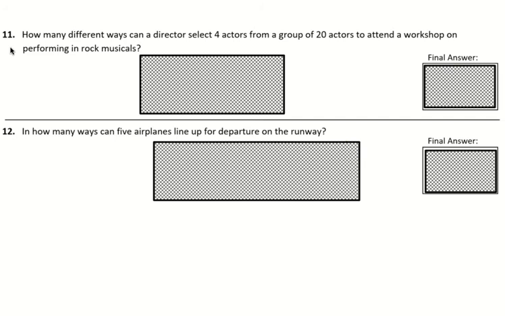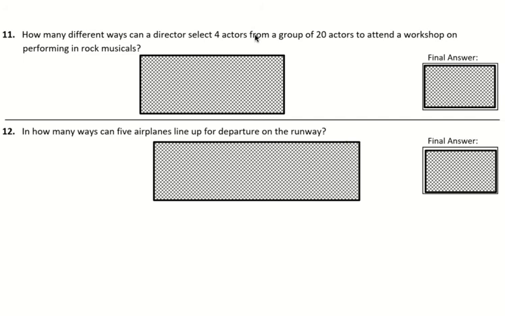Number 11, how many different ways can a director select 4 actors from a group of 20 to attend a workshop on performing in rock musicals? Wow, that was a very detailed situation.